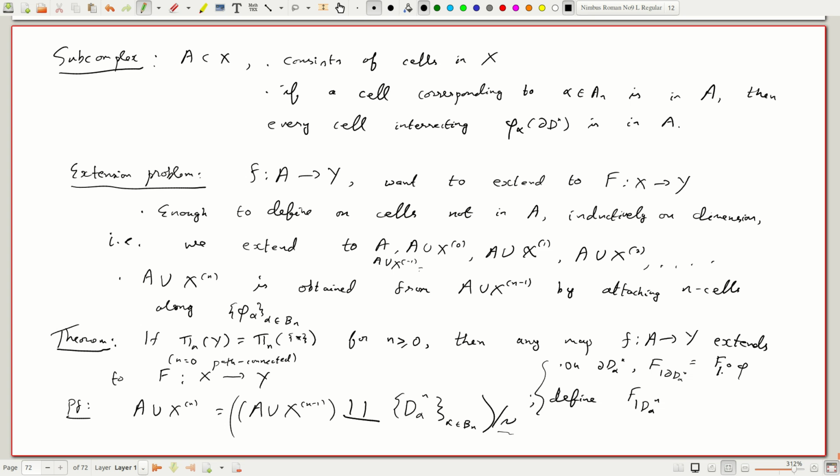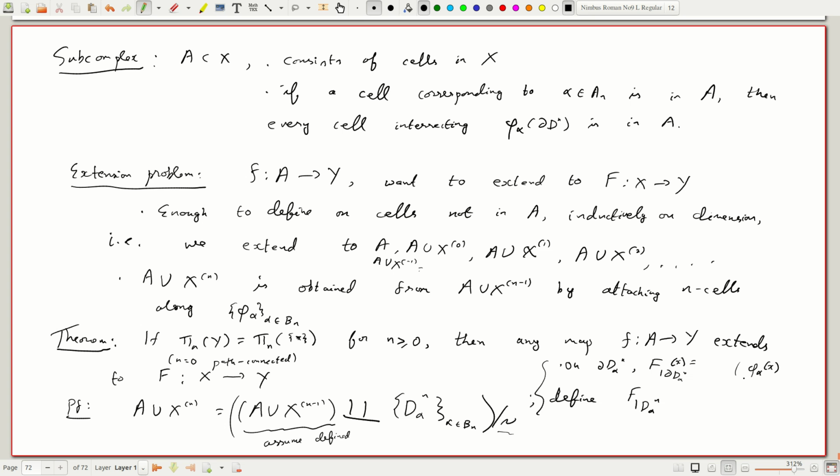So this is f restricted to A union Xn minus 1 composed with phi alpha. Let me say that a little more clearly. Let us assume that it has already been defined here. Okay, assume defined here. To start with, this is just A. And on the boundary of D alpha n, if I take any point x here, then that point x is glued to phi alpha of x.